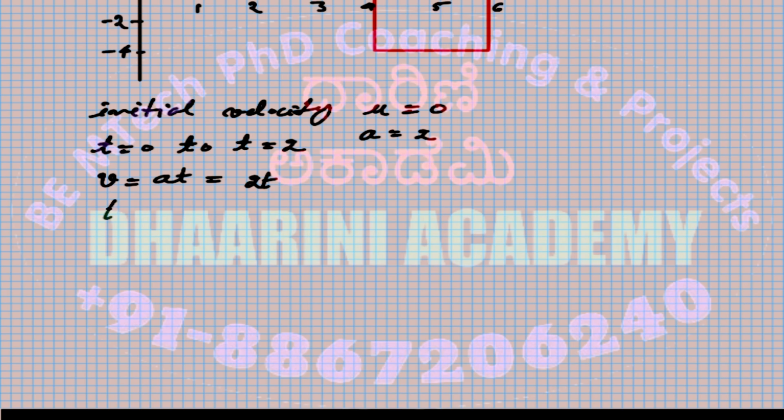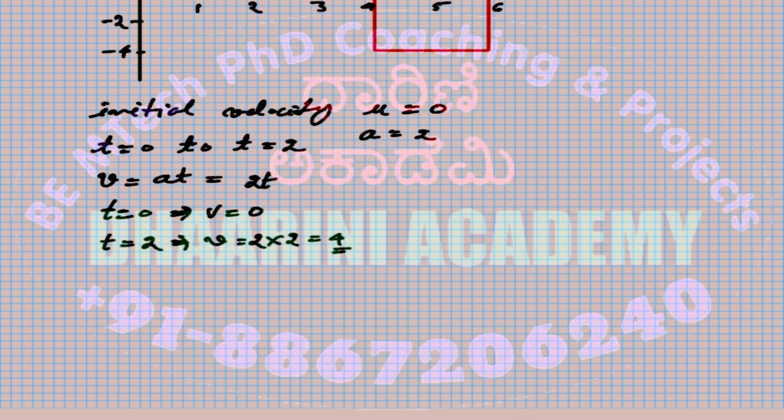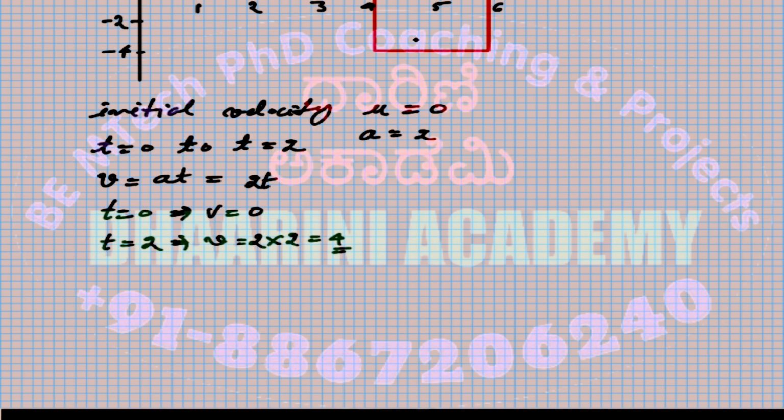At t equal to 0 the final velocity is also 0 because 2 into 0 is 0. But at t is equal to 2, what is the velocity? 2 into 2 is equal to 4, so 4 meter per second, that's the velocity. So this is what I need to plot. Starting from 0 till 2, the velocity will be linearly increasing, and at t is equal to 2, velocity reaches a value equal to 4.